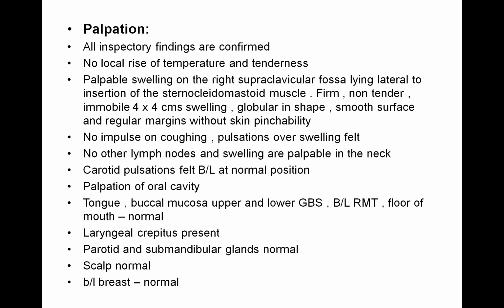It was 4 by 4 centimeters, globular in shape, with a smooth surface and regular margins, sir. Was it transilluminating or a solid swelling? Solid tumor, sir. Okay, solid swelling, not a tumor. Yes, sir. So, what is your differential diagnosis?